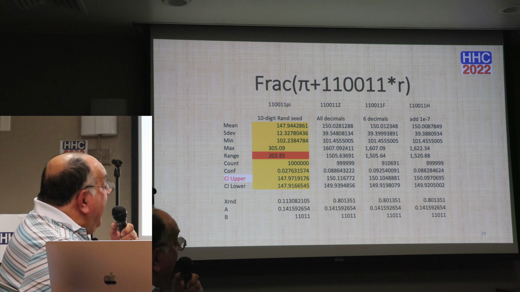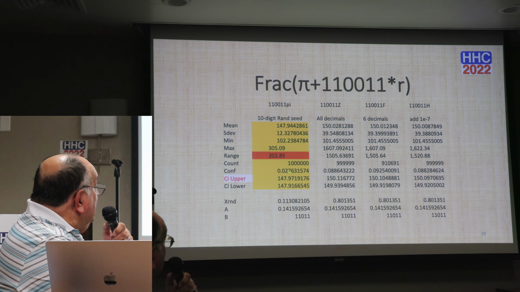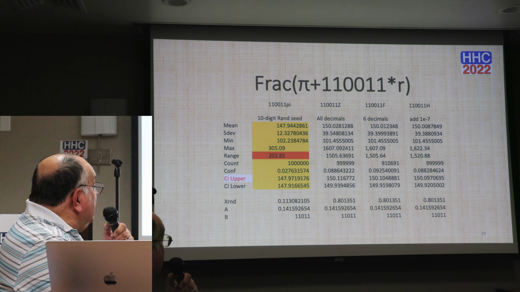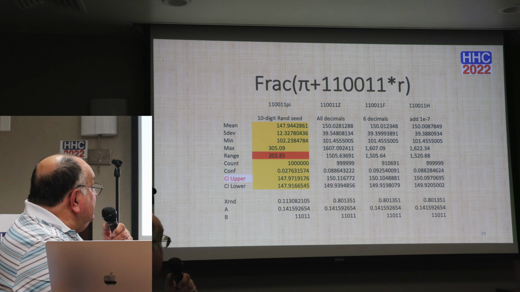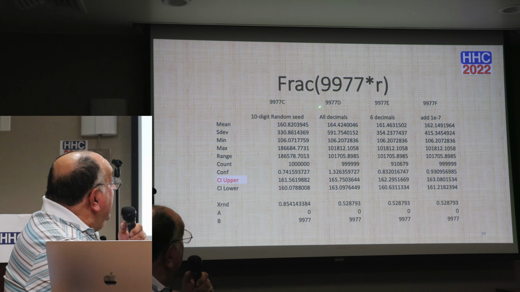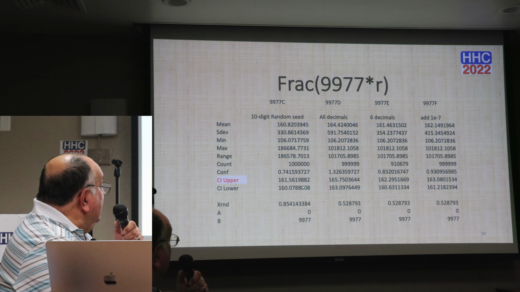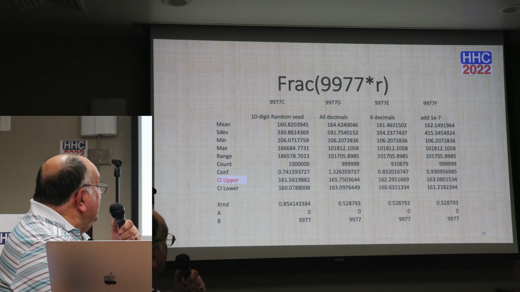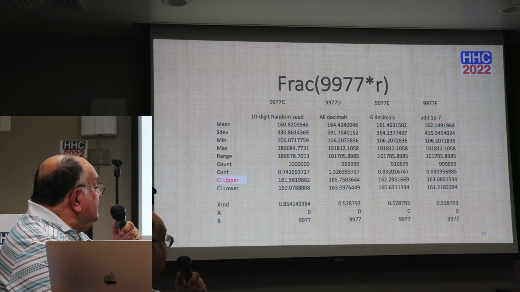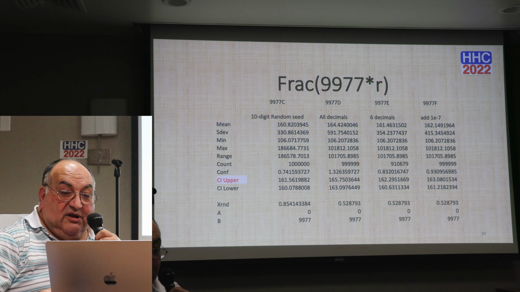But when I add pi to it, the 10-digit random seeds do very well. The other ones actually do worse than the 997. So this is good. And when I do the 9977, it's terrible. I mean, even the lower is the 160, so that algorithm bombs out royally.